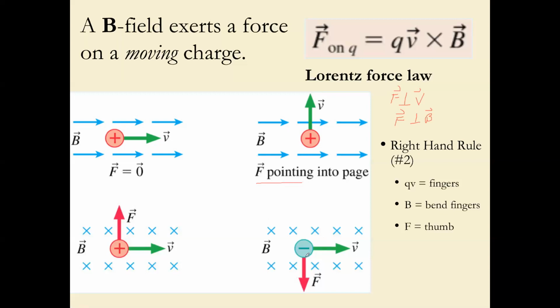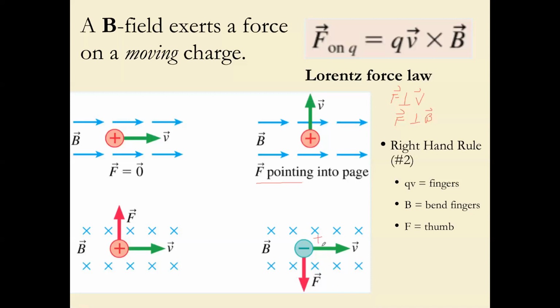In the last example, the first three were positive charges. For the negative charge, it will be different. First of all, you are going to find the direction of F for a positive charge, and then you will take the opposite of it. So assume that this is a positive charge.